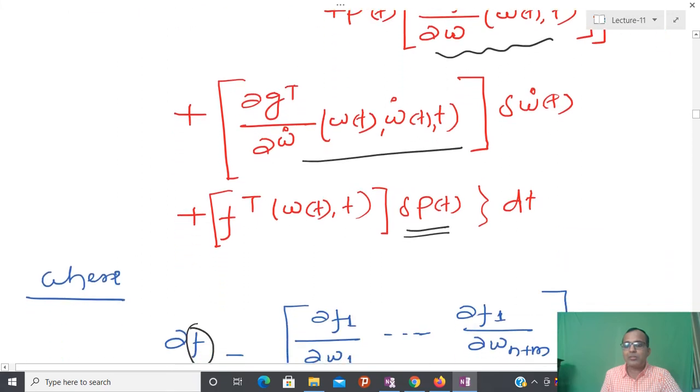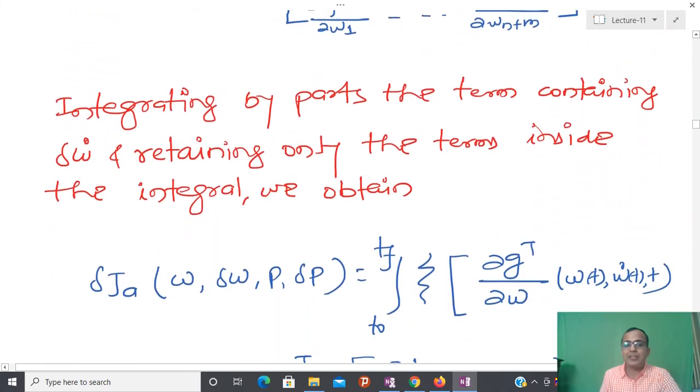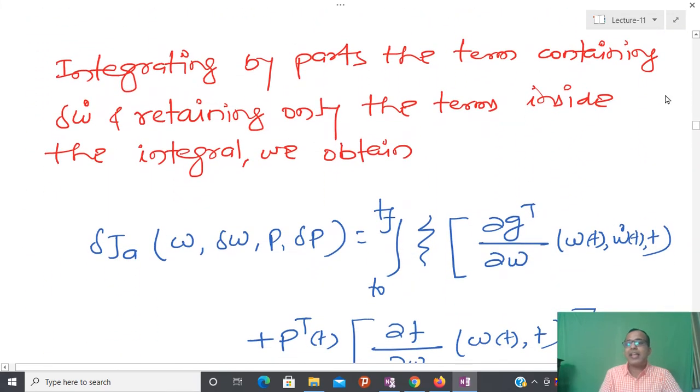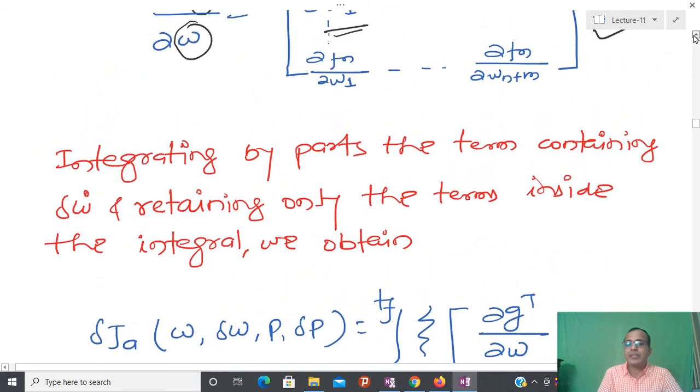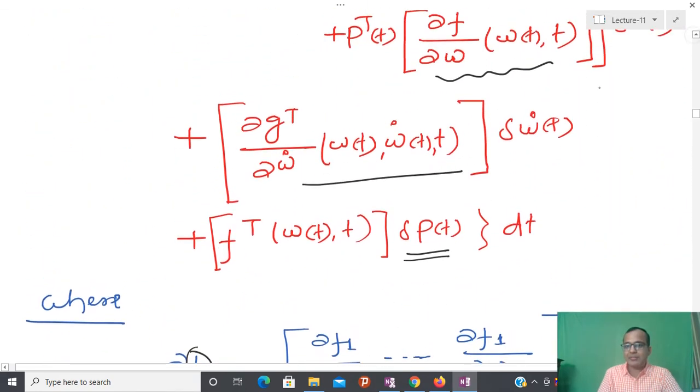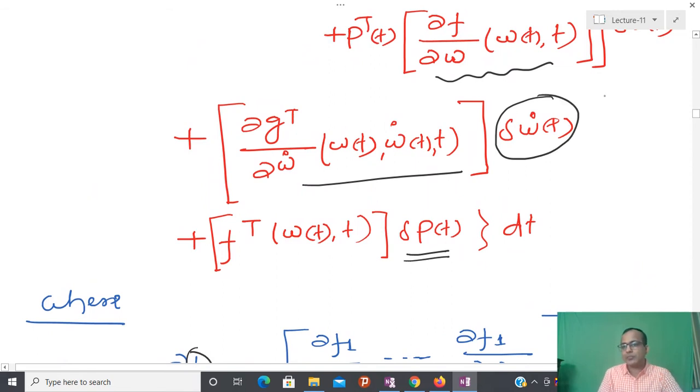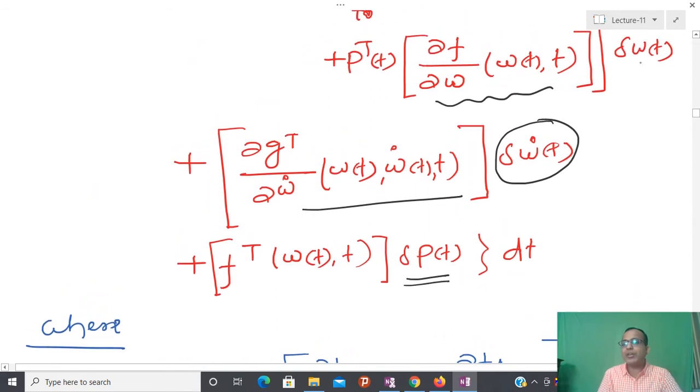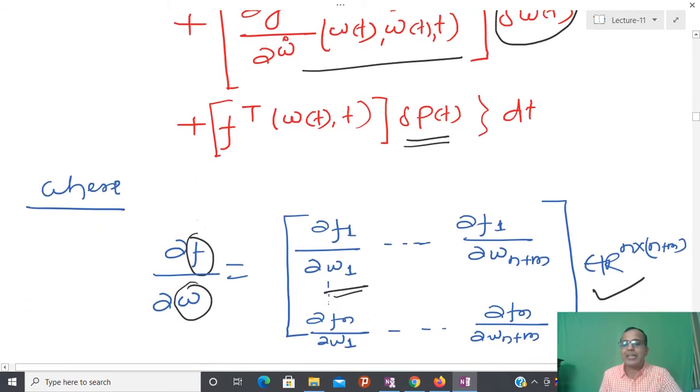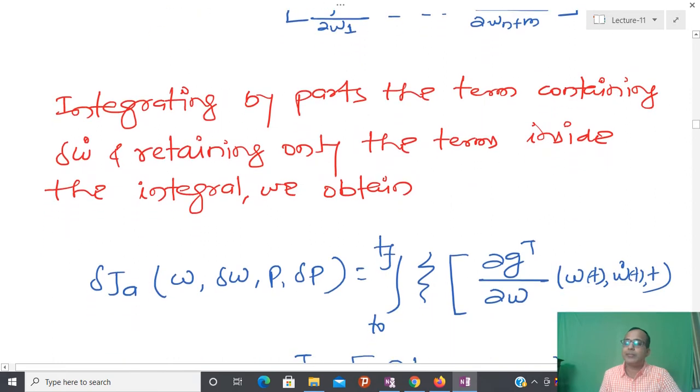Now try to see what I have to do here. Since I have the term δω dot, if I know the initial condition of δω(t), it is possible to calculate or know the value of δω dot, and due to that reason we are saying that both are somehow dependent.